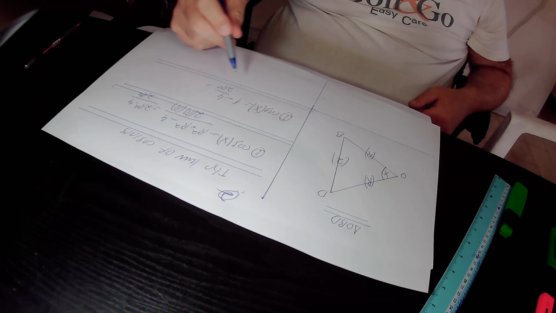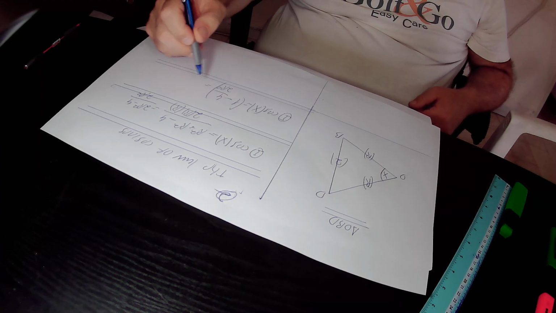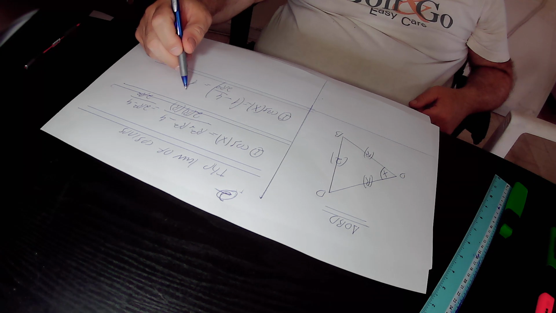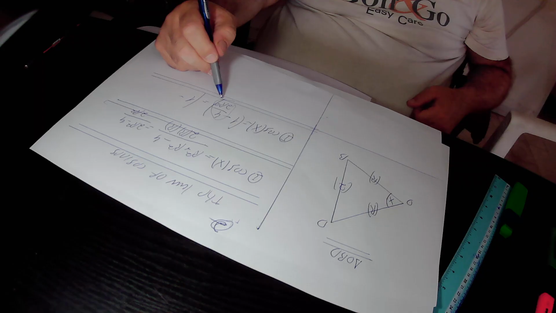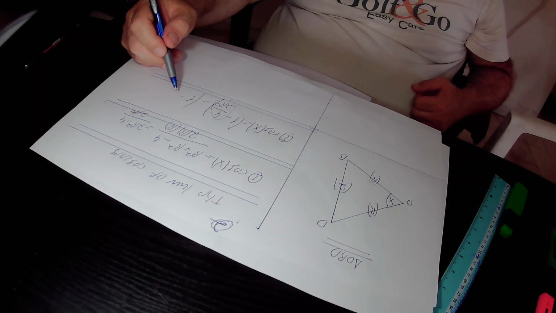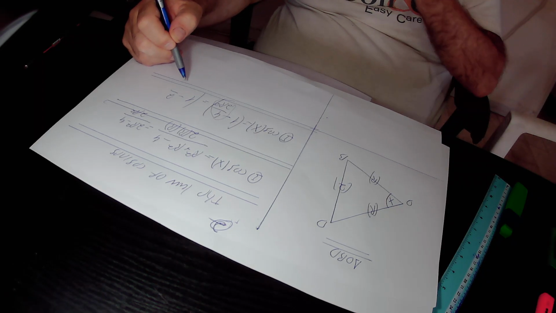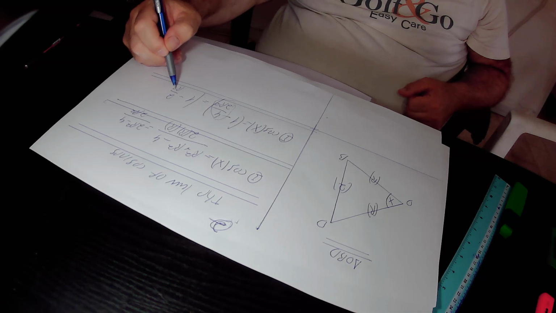So according to equation 1, cosine x equals 1, and we have this expression, where we divide both the numerator and the denominator by 2. Minus 4 over 2 is minus 2, and 2R squared over 2 is R squared.